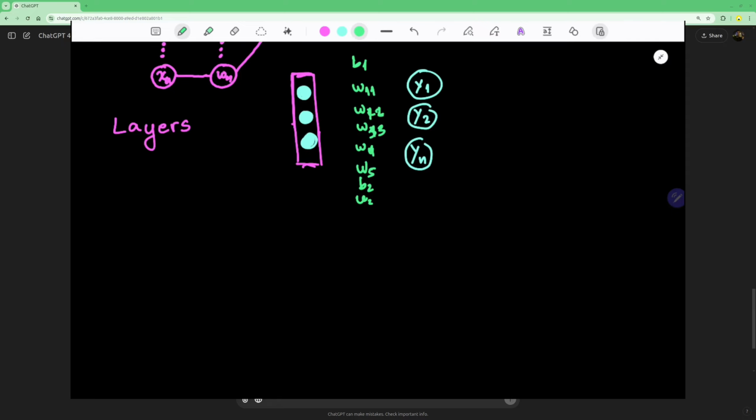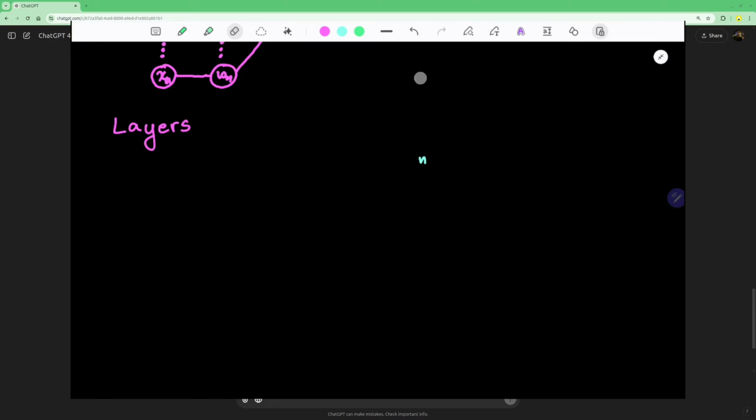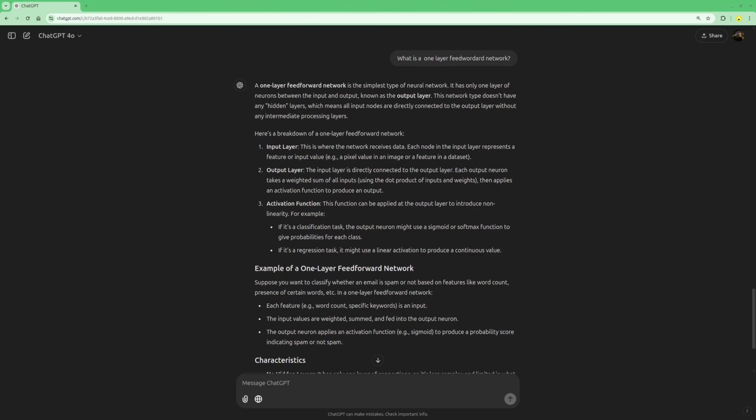Okay, I don't even want to try this, but basically I think I get what this means. It's just one layer: we have an input, then just one layer of neurons, and then we have the output. That's it.